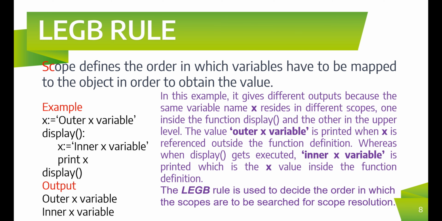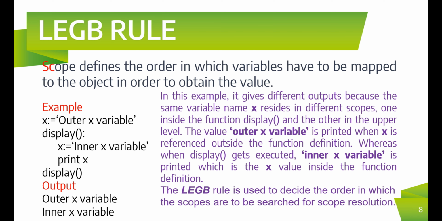So what you learn from this coding, in this example, it gives different outputs because the same variable name x resides in different scopes, right? One inside the function display and the other in the upper level.